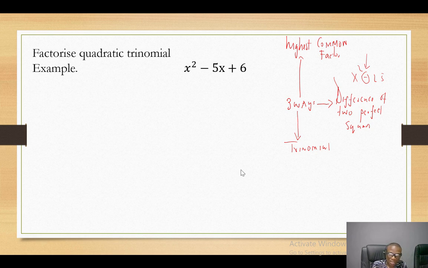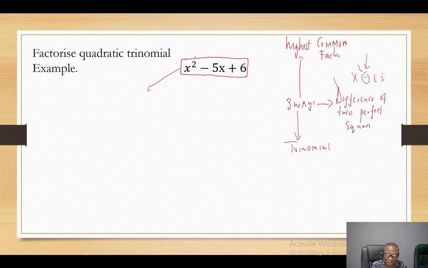So this is a quadratic. And let me tell you guys, it is very important to be able to identify the type of an expression. So you must be able to see a quadratic so fast. How do I know this is a quadratic? Because the highest power in this expression is 2.